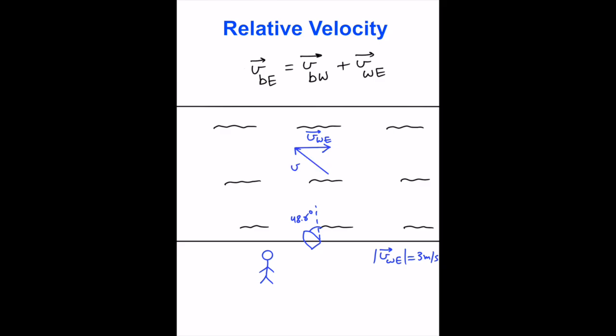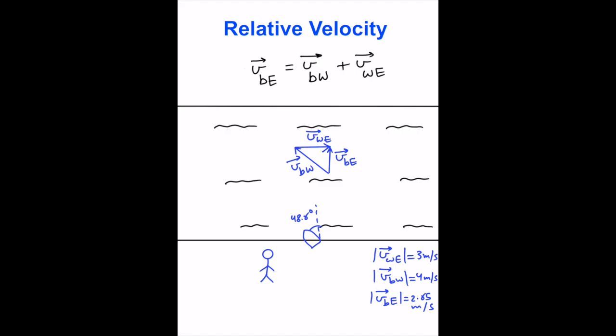So this is the velocity of the boat relative to the water, and suppose it has the same magnitude as before of 4 meters per second. Then from vector addition, you can find that the velocity of the boat relative to Earth is directed north and will have a magnitude of around 2.65 meters per second. So when the boat is steered at this angle, then relative to a stationary observer on Earth, it will move north.